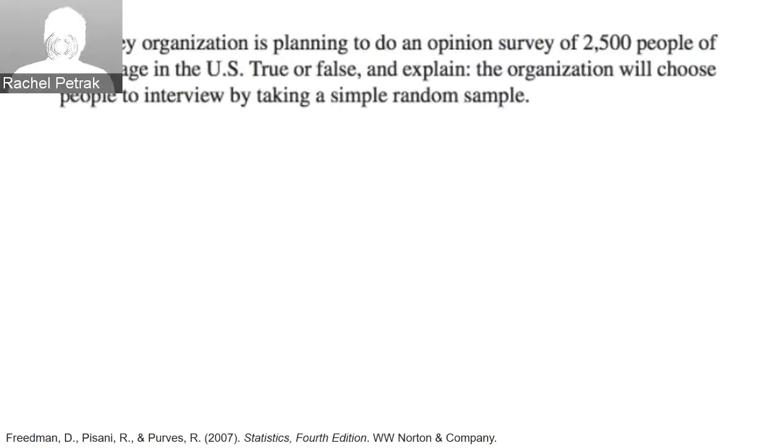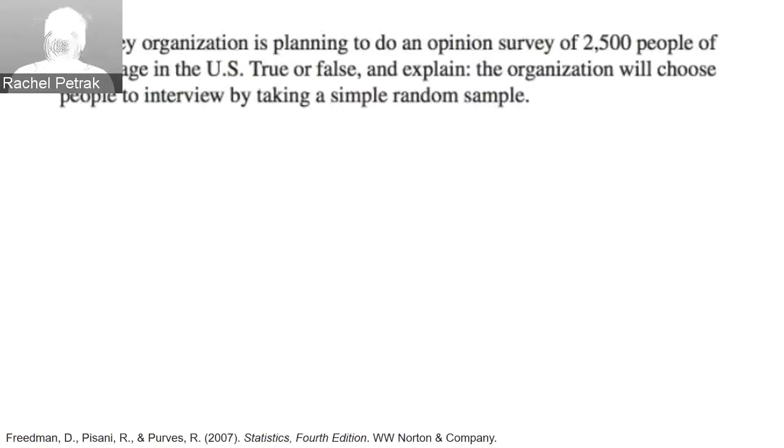But if we are going to do an opinion survey, let's think about this one logically. If you want to do an opinion survey of 2,500 people of voting age in the US, that's a huge population, and it's highly impractical to do a simple random sample of such a large population.